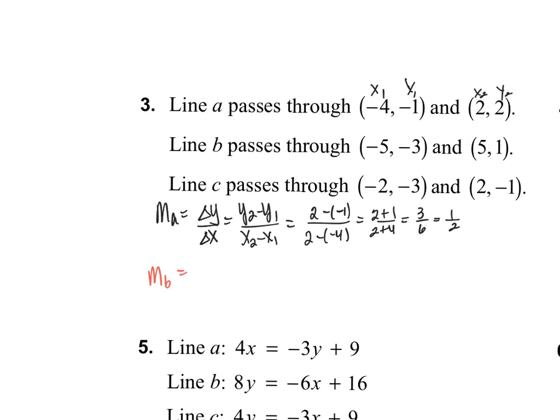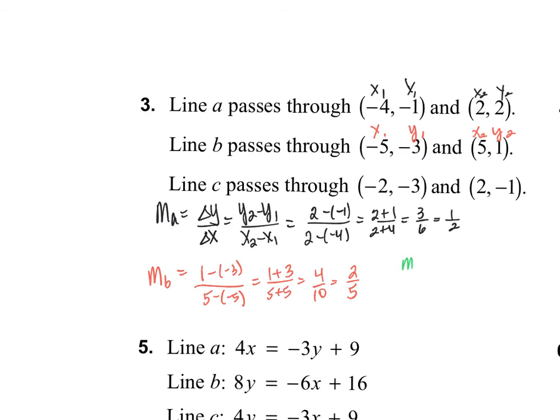The slope of B, here's your x1, y1, x2, y2. So we have 1 minus a negative 3 over 5 minus 5. So 1 plus 3 over 5 plus 5. 4 over 10, which is going to be equal to 2 over 5.